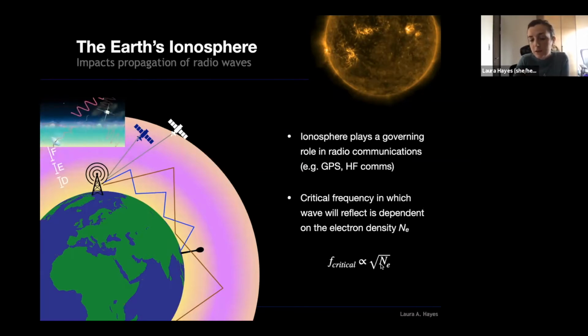This is the critical frequency, essentially the plasma frequency, and it's related to the electron density. The higher the electron density, the higher the critical frequency. So higher frequencies can go to higher regions of the ionosphere, and some can pass through because the electron density isn't high enough. This is an equation we really need to keep in mind as we go forward in this talk.